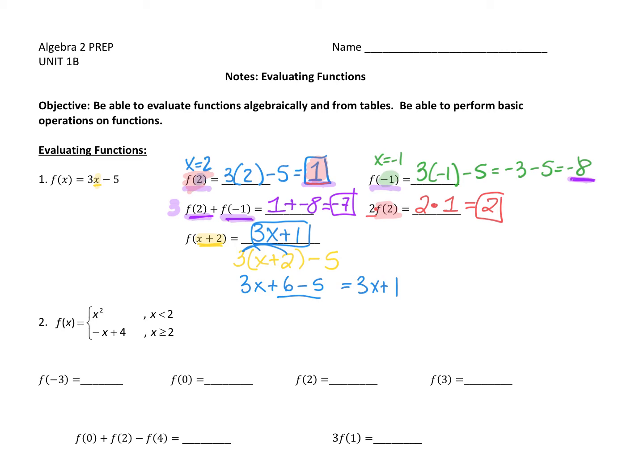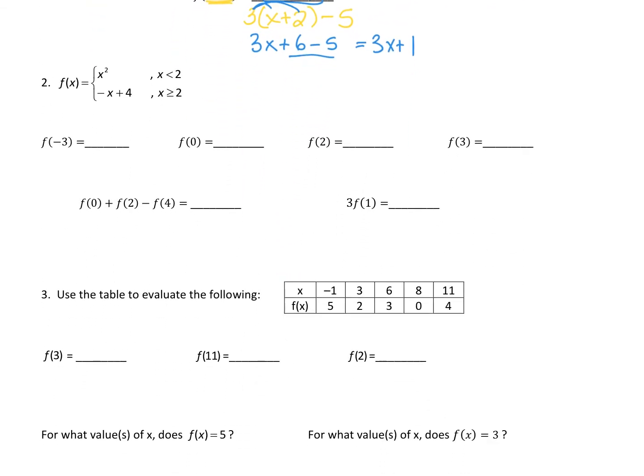Number 2 is evaluating a piecewise function, which we actually already know how to do, but let's review. So again, the number in the parentheses is what x is equal to. So the first step is to look at the two inequalities and decide which one x equals negative 3 would fall into. So this top one says x is less than 2.